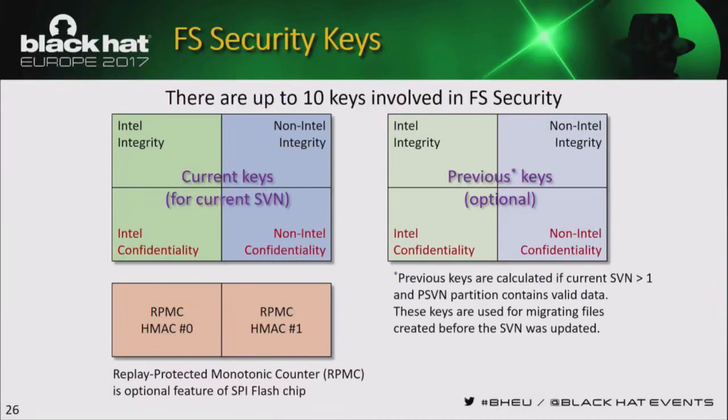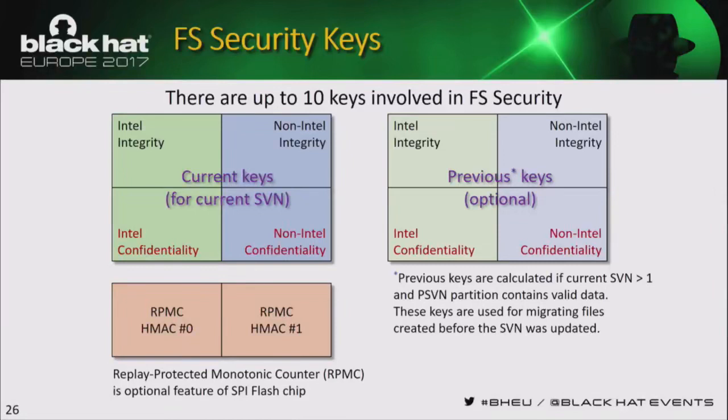After the latest patches that Intel published several weeks ago, the current version is 3. If you install firmware version 3, you will be unable to return to firmware version 1. And the calculation of all keys except RPMC involves the SVN number. So new keys are not suitable for the old file system.